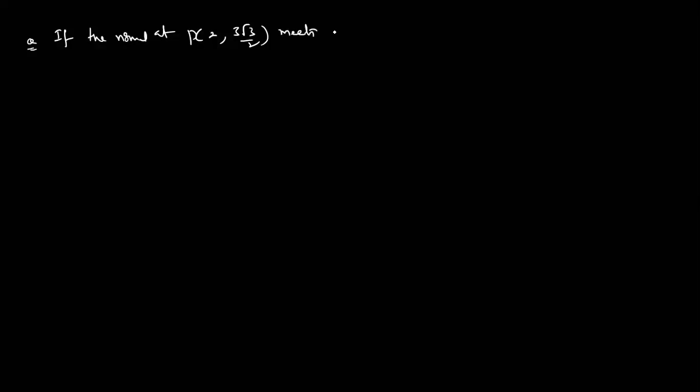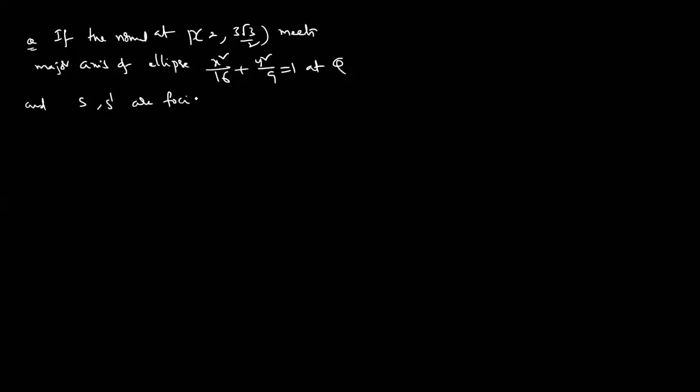The normal meets the major axis of the ellipse x square by 16 plus y square by 9 is equal to 1 at Q, and S, S dash are the foci of the given ellipse.